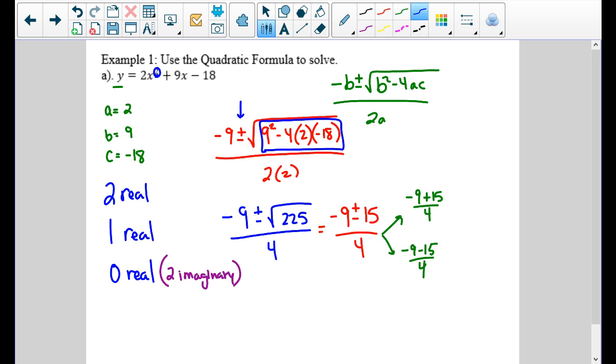So negative 9 plus 15, that gives me 6 over 4, and 6 over 4 simplifies to 3 over 2. Negative 9 minus 15, it's negative 24 divided by 4, and that gives me a negative 6. So here are my 2 solutions. X equals, again, don't write them as a parenthesis. I got 3 over 2 and negative 6.